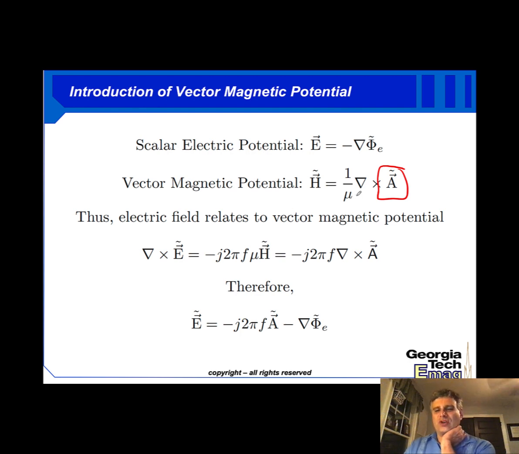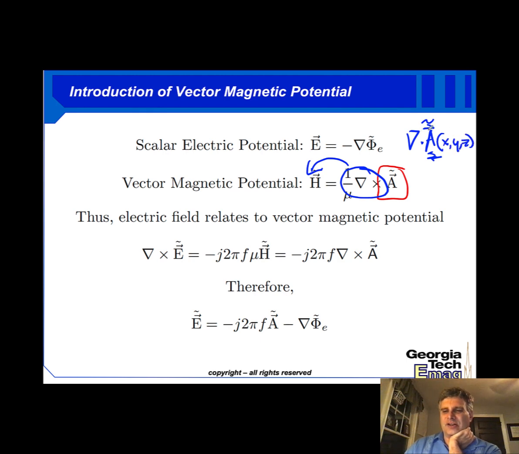We need to describe the curl of that vector field, and we also need to describe the divergence of that field to completely pin down the vector field as a function of x, y, and z, three-dimensional space, that also is a field quantity at all these points. We need those two pieces of information.